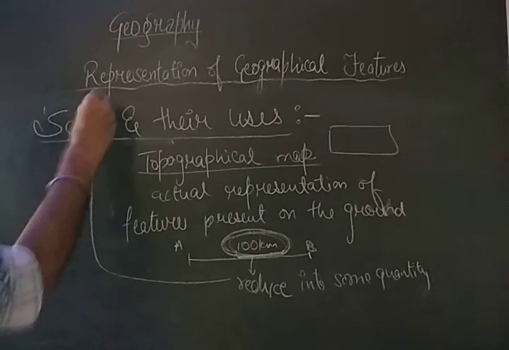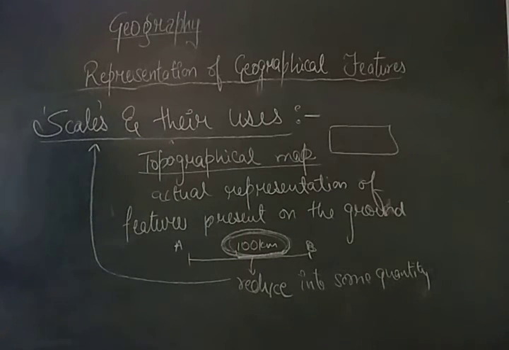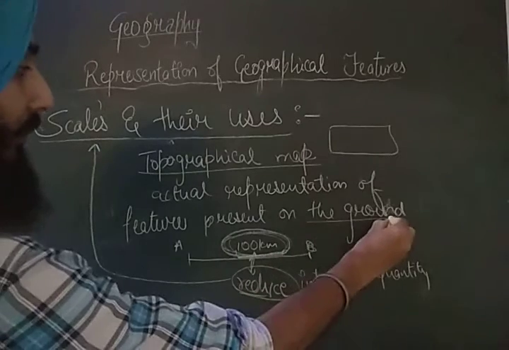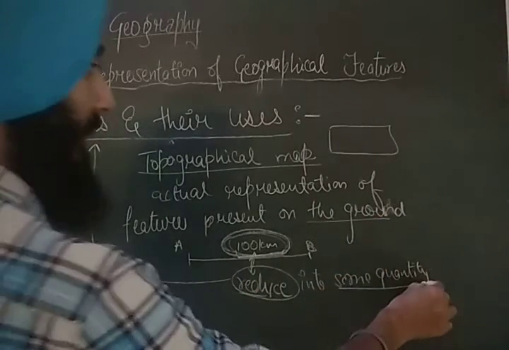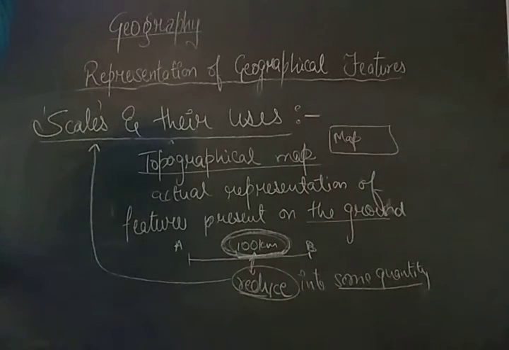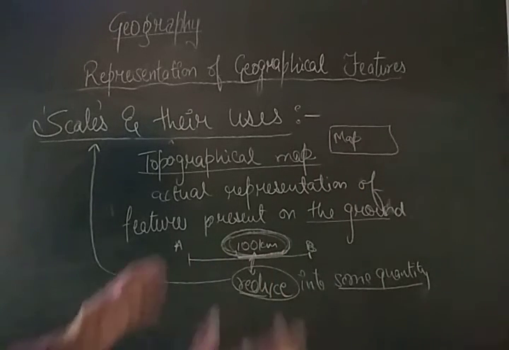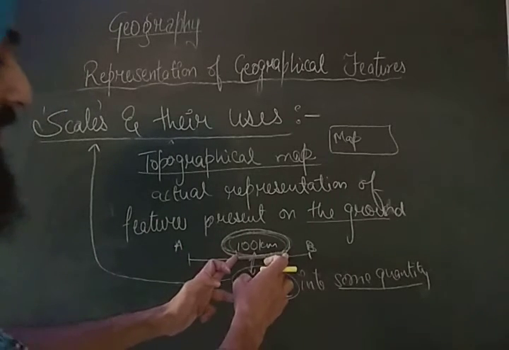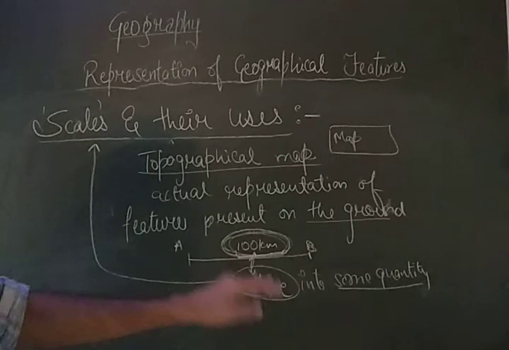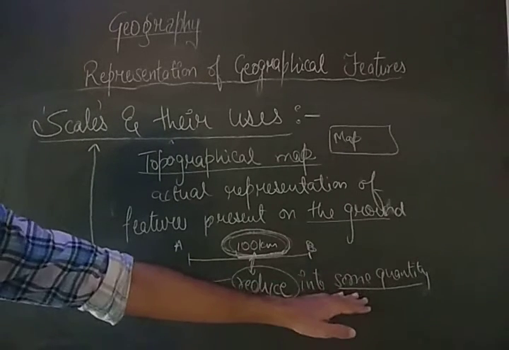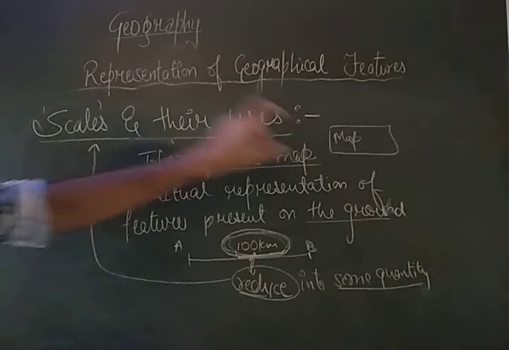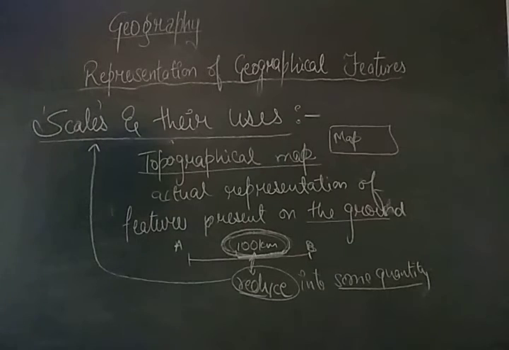So scale is an instrument that helps us reduce the actual distance on the ground to some quantity so that we can represent it on the map. I hope it is clear to you. To make a map of the actual distance on the ground, we need to reduce it, and to do that we require a scale.